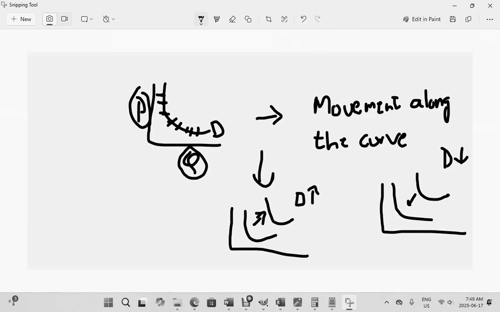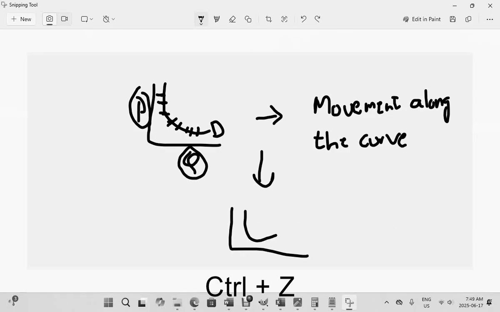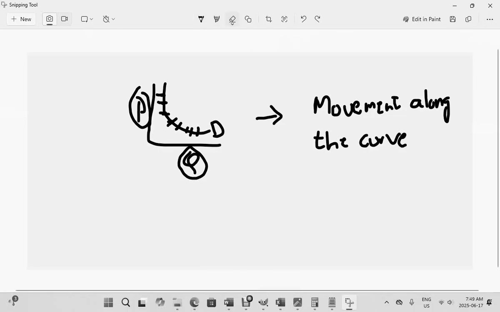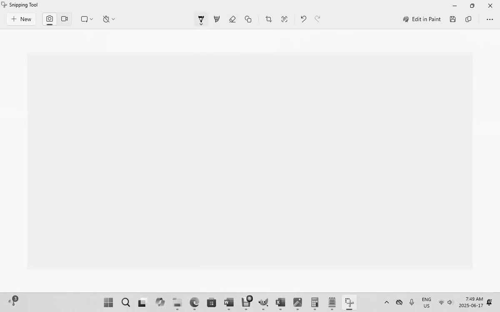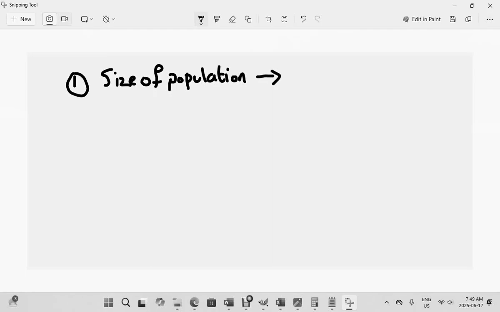Now, some of the factors that impact your demand include, but are not limited to, the size of the population. Basically, as the population goes up, your demand goes up.